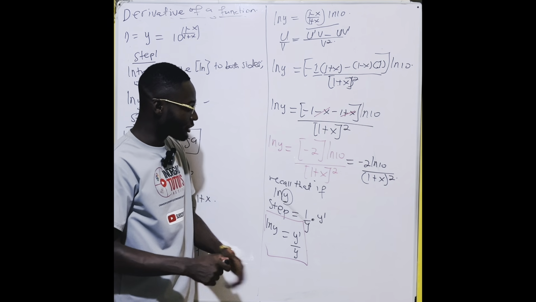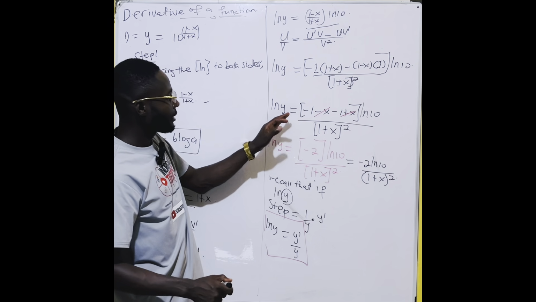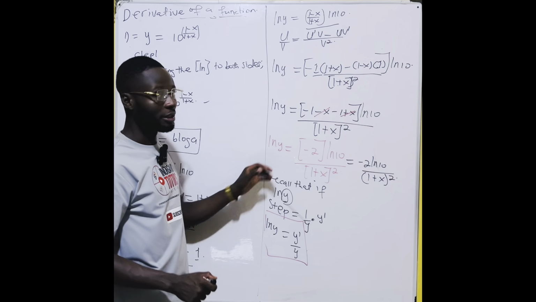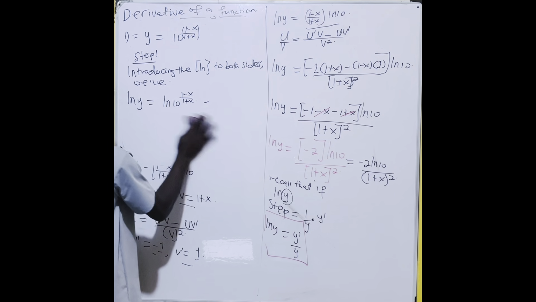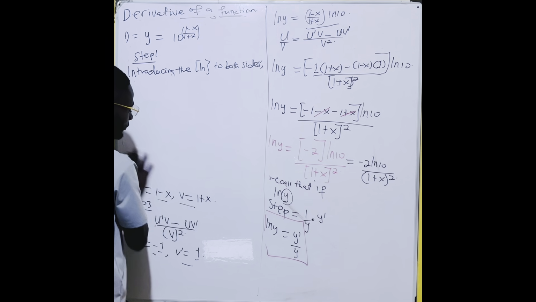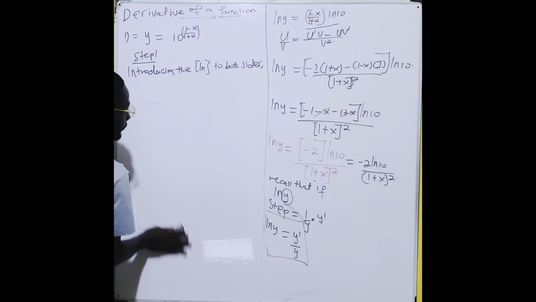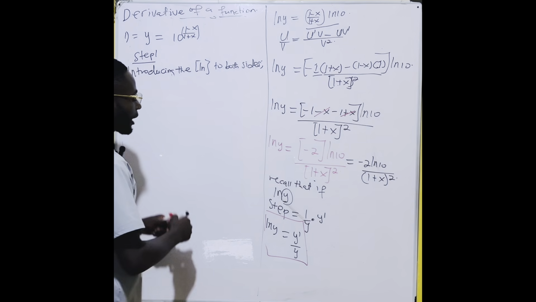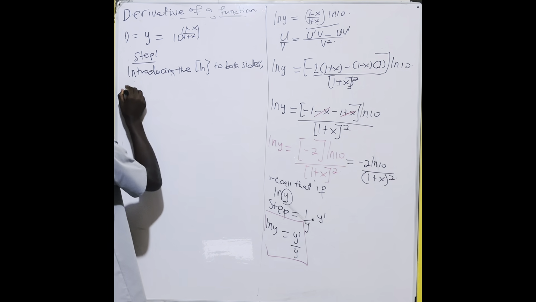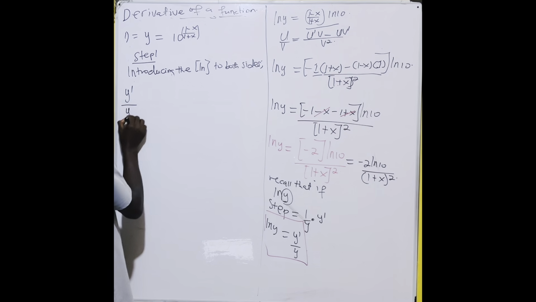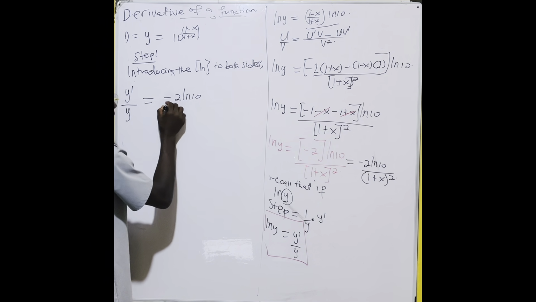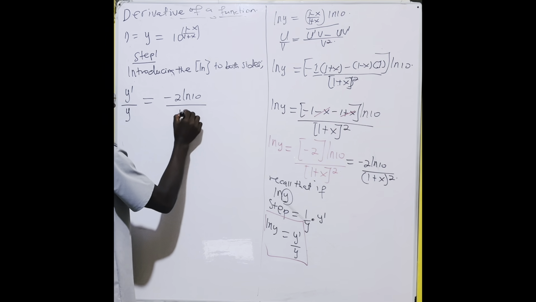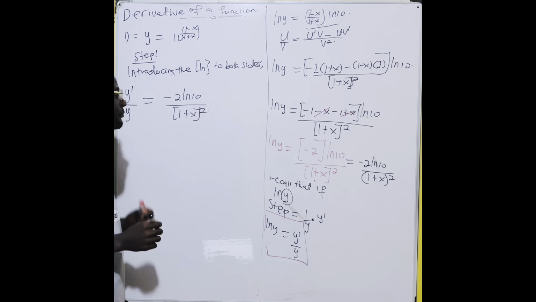So we are going to substitute this in here, right? So when we come up here, we have y prime divided by y equals -2 ln 10 divided by (1 plus x) all squared here.